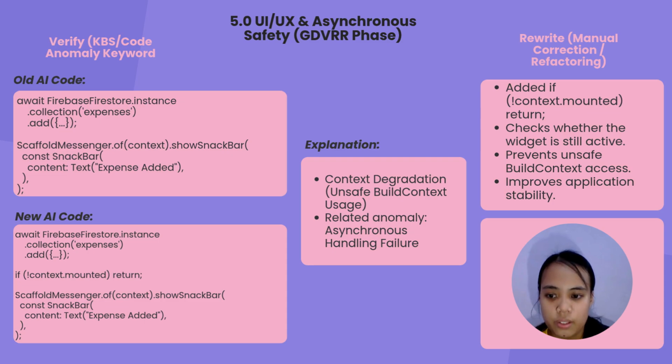This additional validation checks whether the widget still exists in the widget tree after the Firebase operation completes. If the widget has already been disposed, the function exits immediately and prevents unsafe BuildContext access. This correction improves application stability and ensures safer UI feedback during asynchronous Firebase operations.